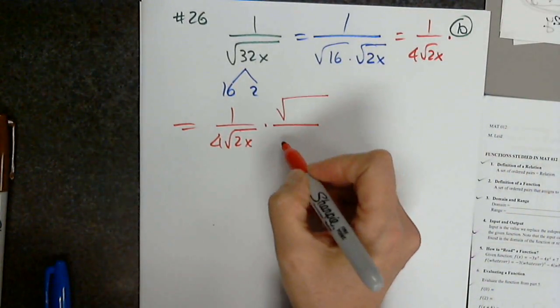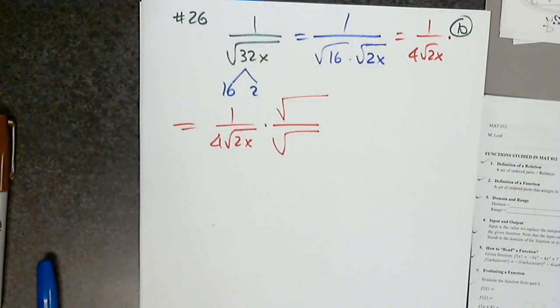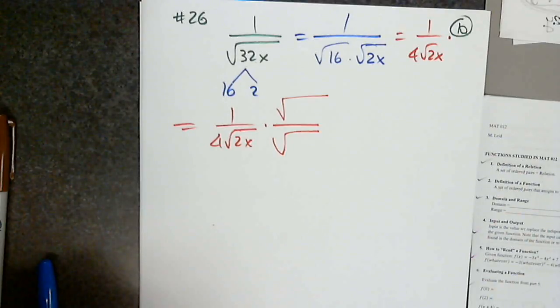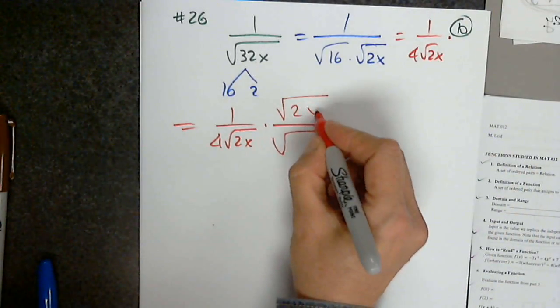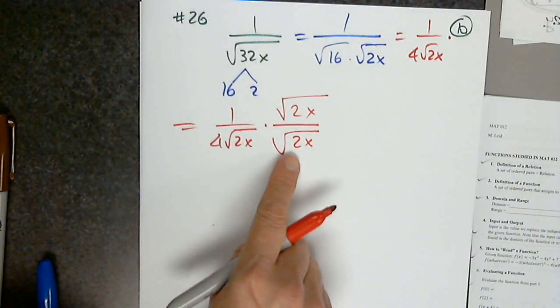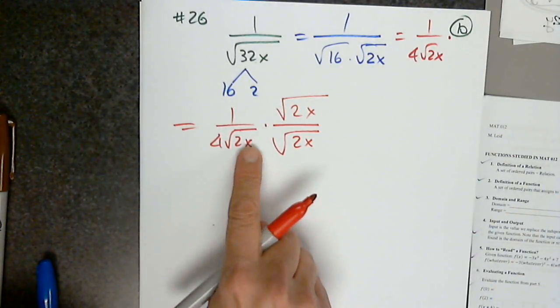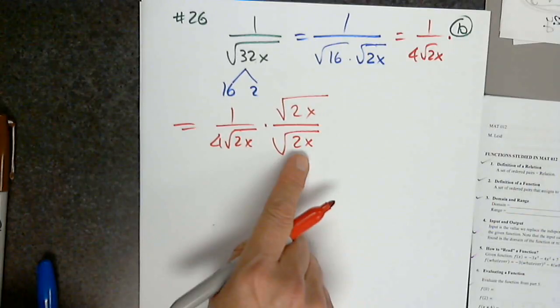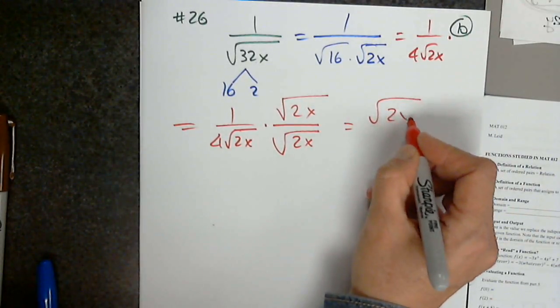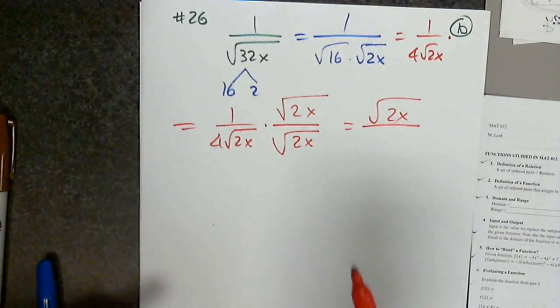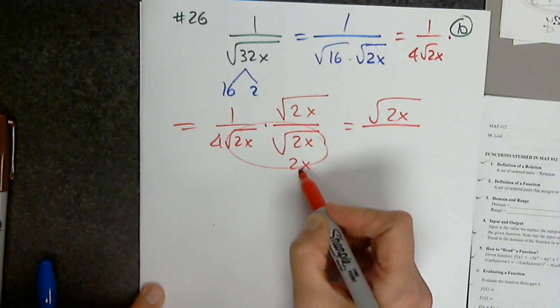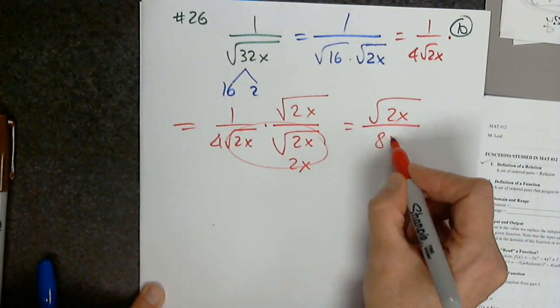So it's going to be the square root over the square root of what? Yes, 2x and 2x, right? Because 2 times 2 will be the square root of 2 squared, and x times x will be the square root of x squared. So the numerator is the square root of 2x, and the denominator is this, our 2x multiplied by 4.